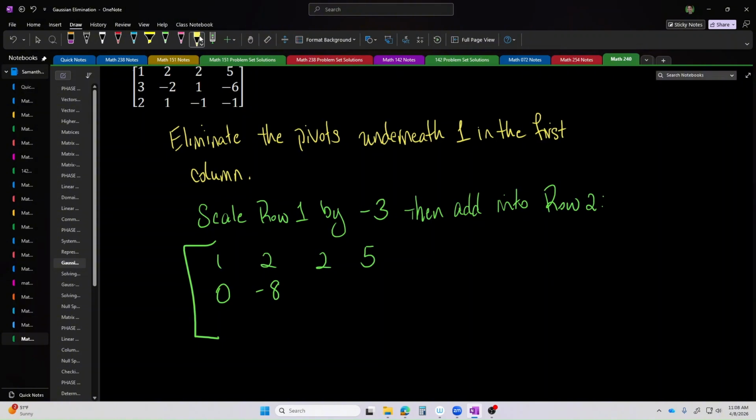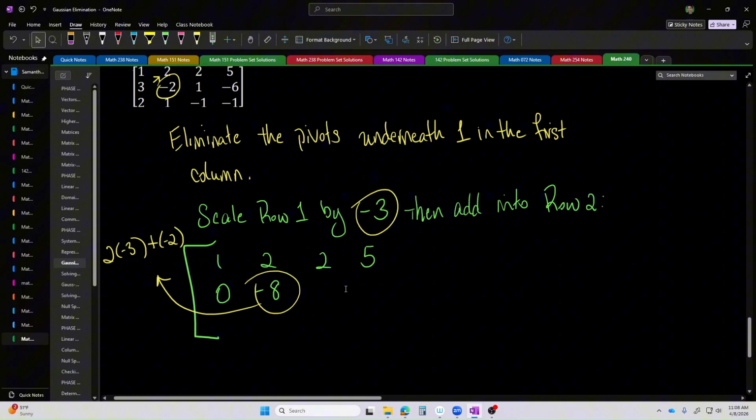So just as a side note, just to help us to keep track of where this particular entry came from, this came from this 2 right here times the scaling factor minus 3 and then added into this minus 2 down here in the second row. That's where this minus 8 came from.